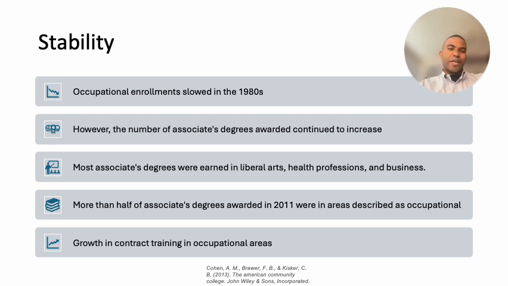There was growth in contract training in these occupational areas. So there are certificates, there are associate degrees, but there's also sometimes contract training that these community colleges would set up with employers to train their workforce, for a set fee. Sometimes the fee was paid by the employer, sometimes it was paid by the individual who wanted to get that training.